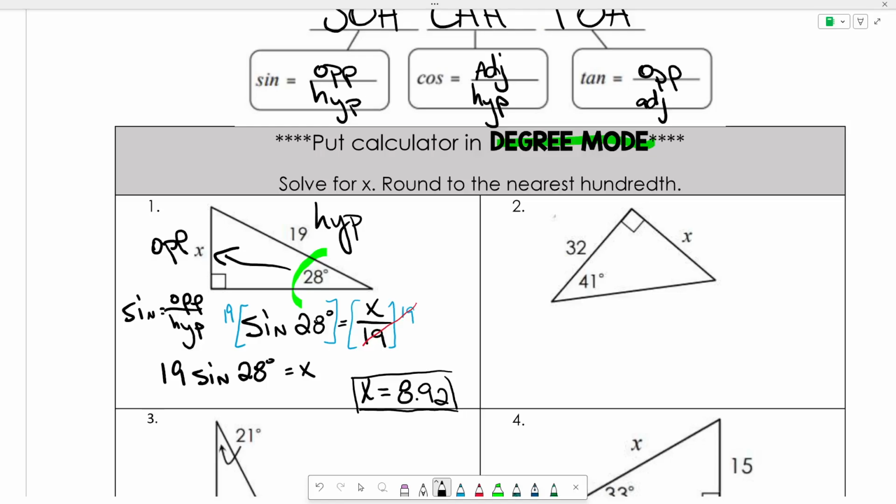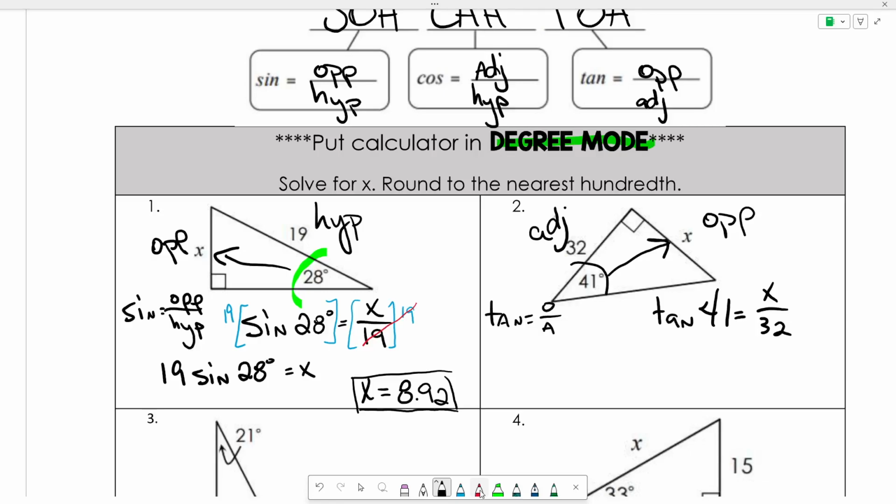Now looking over here at this one, in this example, here's my angle. I have the opposite side and my adjacent side. The opposite and the adjacent, that would be the tangent, because the tangent is the opposite over the adjacent. So I'm going to say the tangent of 41 is equal to, my opposite side is x, over 32.